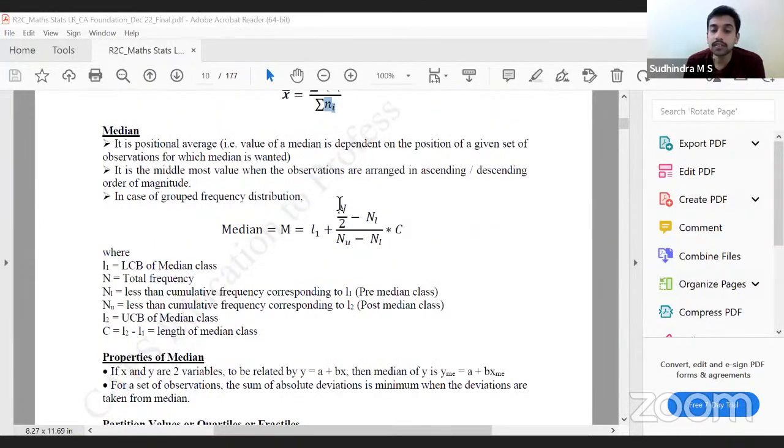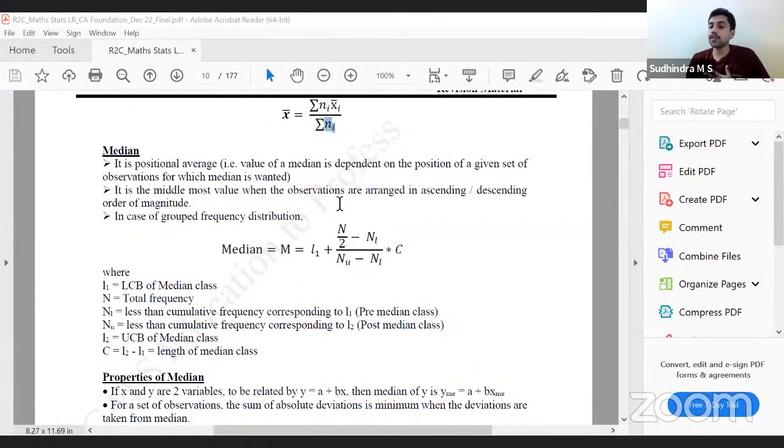Coming to the properties. First one, change of scale and change of origin, same concept, median gets affected by change of scale and change of origin. So if we have y is equal to a plus b into x, median of y will be equal to a plus b into median of x. Then second important property: for a given set of observations, if we are taking the sum of absolute deviations, not the deviation, we are taking absolute deviation, modulus of it.